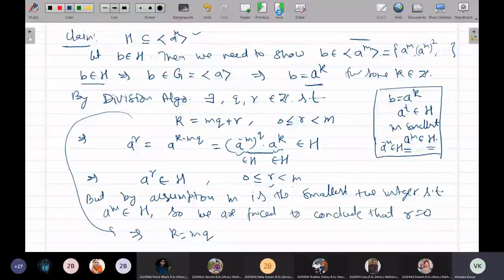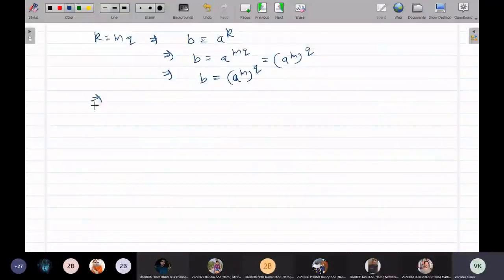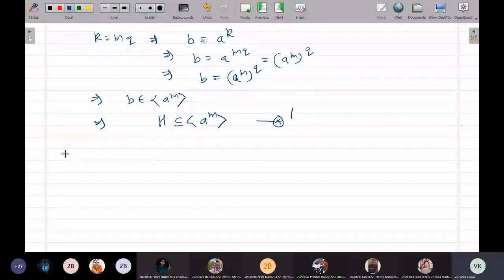Okay, let us see. This would imply that b belongs to the group generated by a to the power m, and hence we have H contained in the group generated by a to the power m. Let us call this star dash.